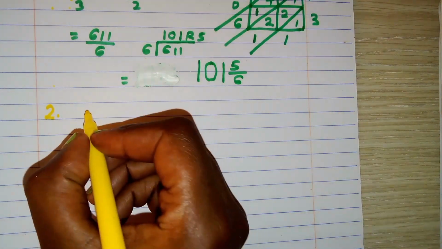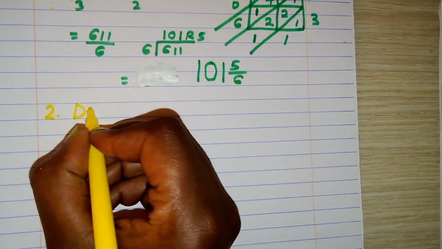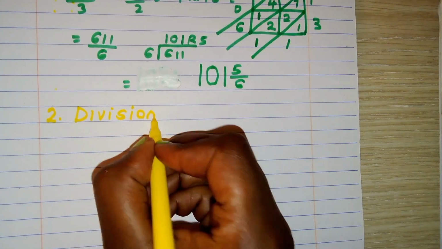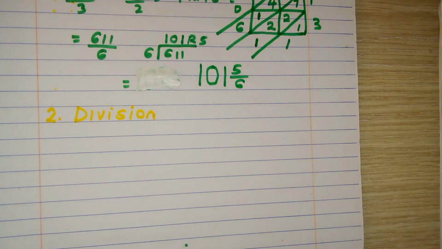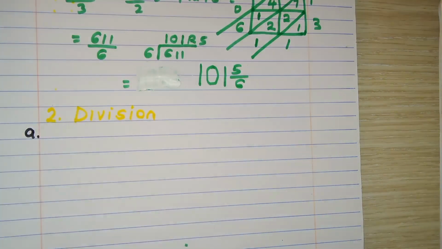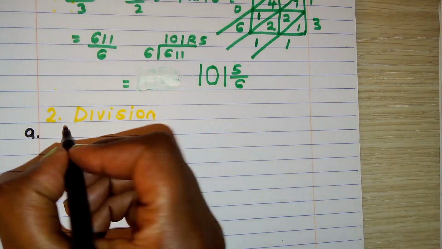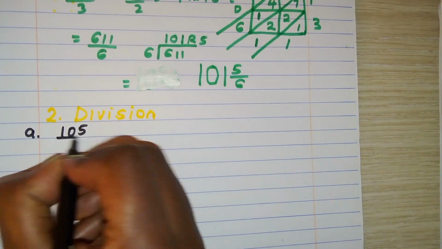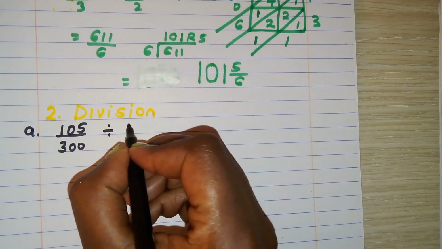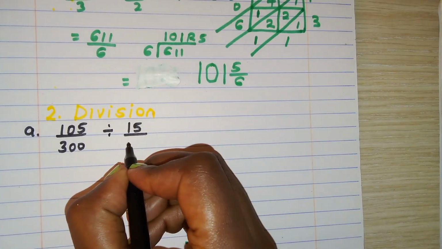Now the next subtopic, we have division. So division of fractions. So the first one will be 105 over 300 divided by 15 over 70.